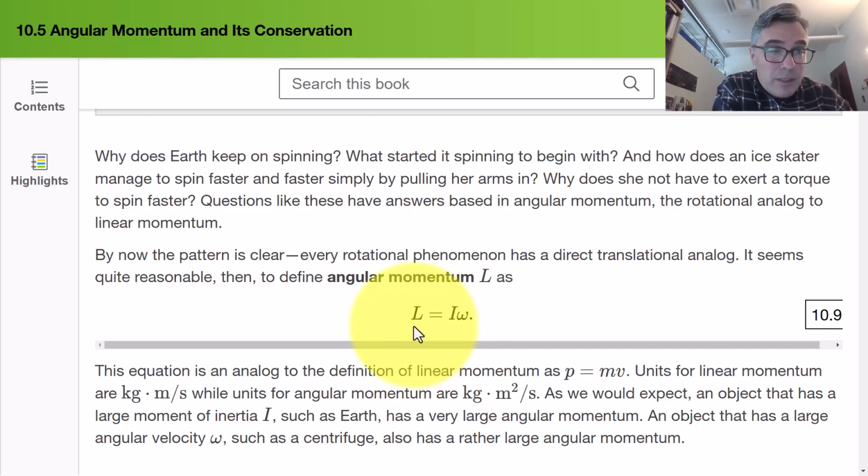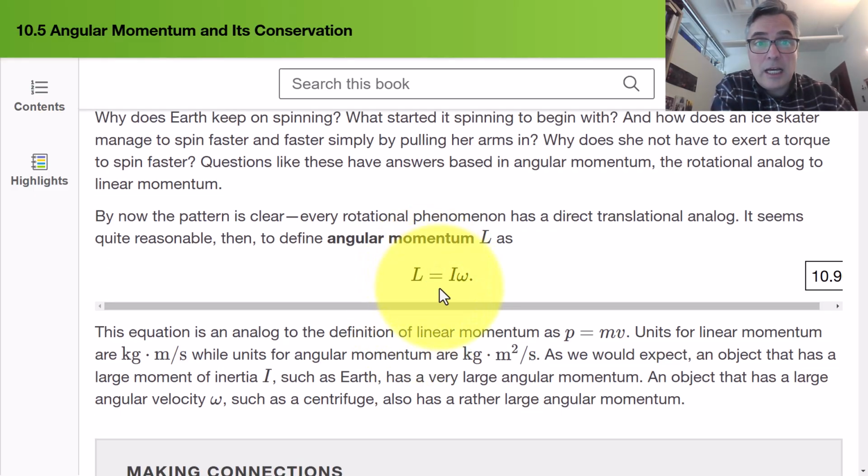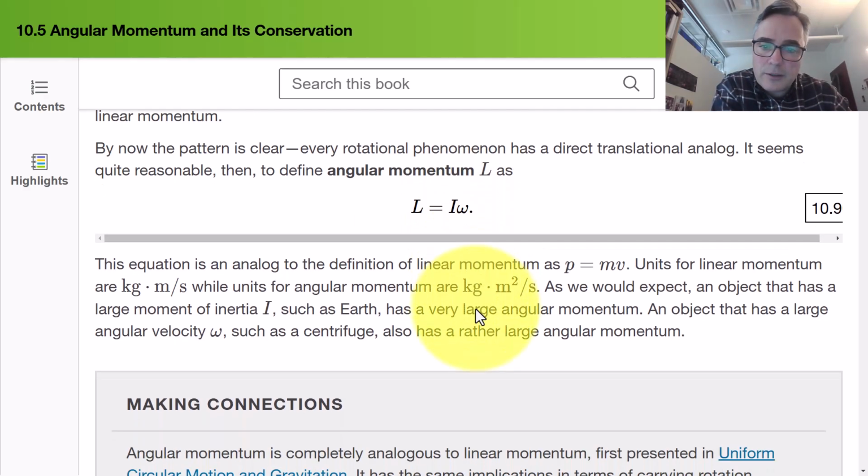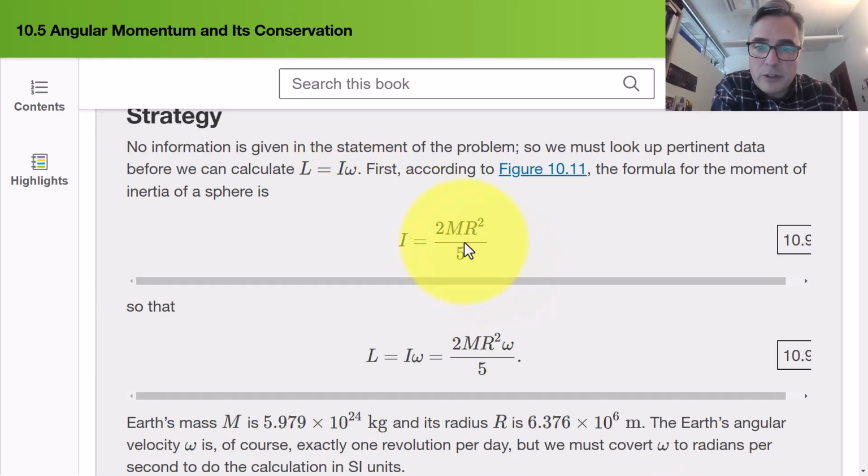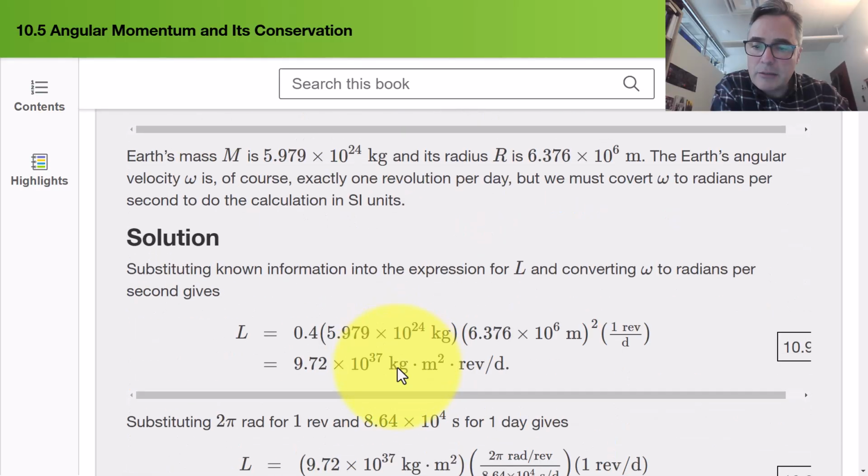And this does turn out to be a vector quantity. Unlike rotational kinetic energy, which is a scalar, angular momentum is a vector because we say that the rotation, the angular velocity, omega, is a vector. So we're using those same moment of inertia equations and just multiplying times omega to get angular momentum.